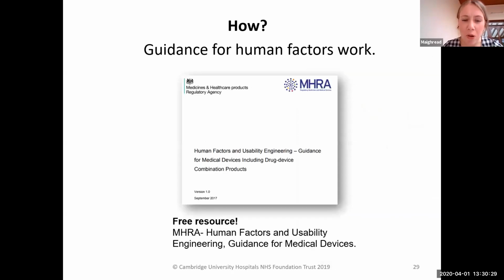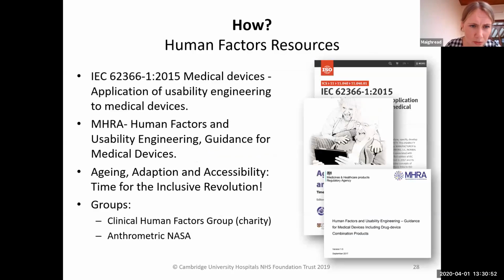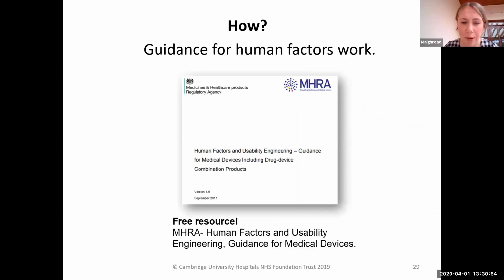Okay, so how to incorporate human factors into your work. The document that the MHRA has published is Human Factors in Usability Engineering, Guidance for Medical Devices. This is a free resource, while if you try to access the standard, the 62366, quite likely you'll have to pay for it, unless you can find a PDF somewhere online.